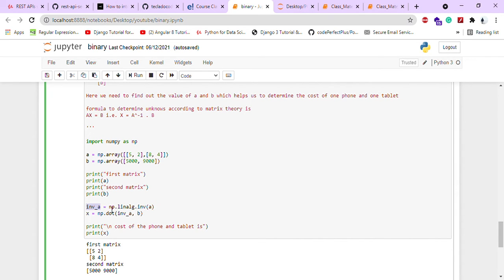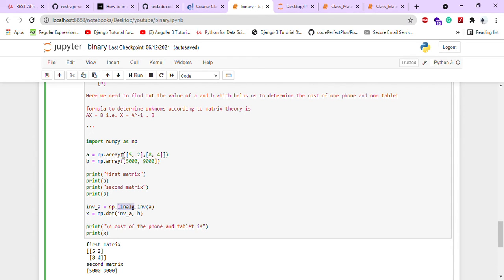A inverse: NumPy I am using as np dot linalg. This is the functionality to find the inverse of the A value.